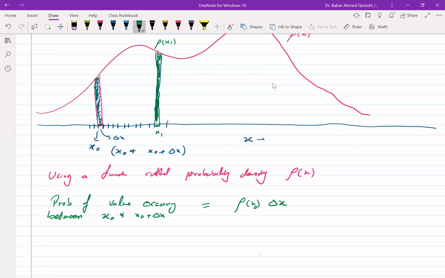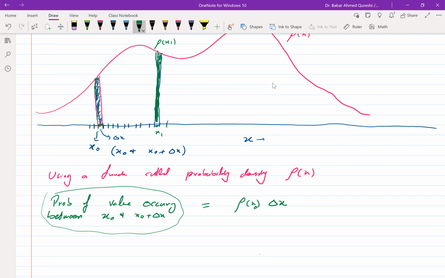Sir, what does x naught plus delta x mean? So it's written over here: probability of a value occurring between x naught and x naught plus delta x, so in a small bin. Any value between them is acceptable. You're not saying that if the value is x, what's the probability?